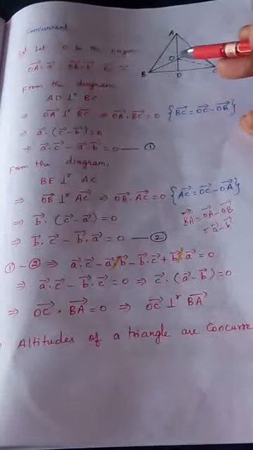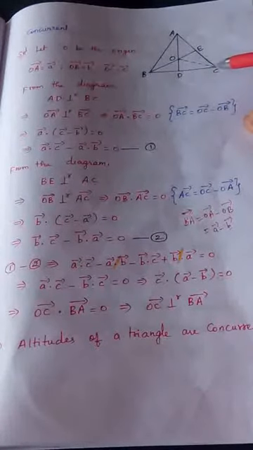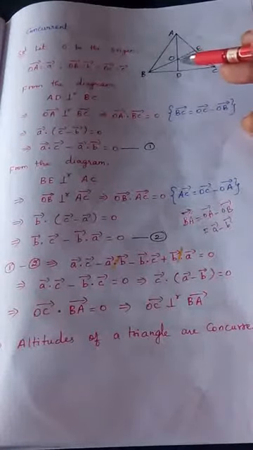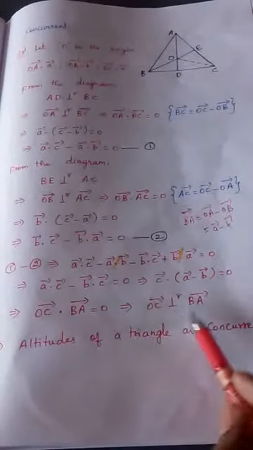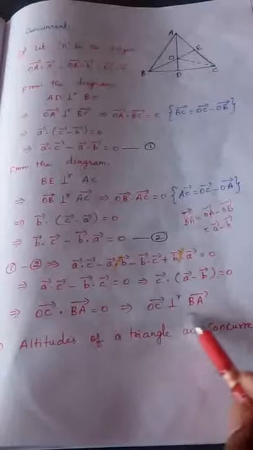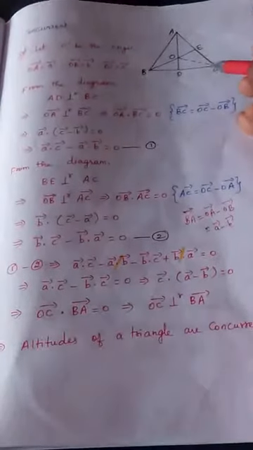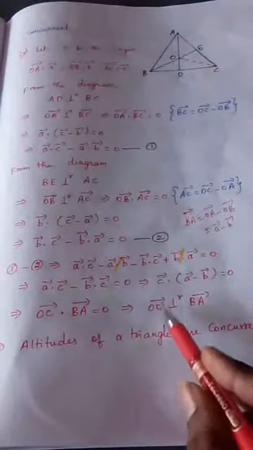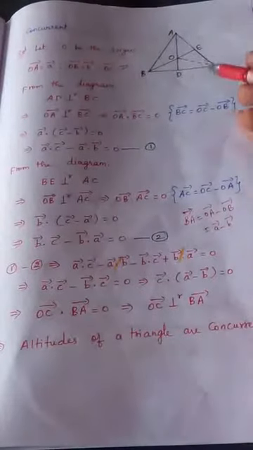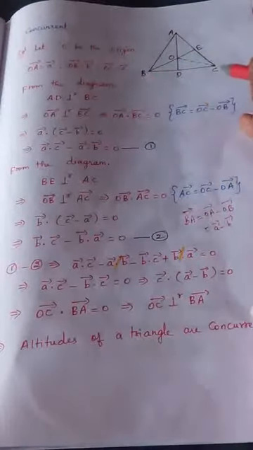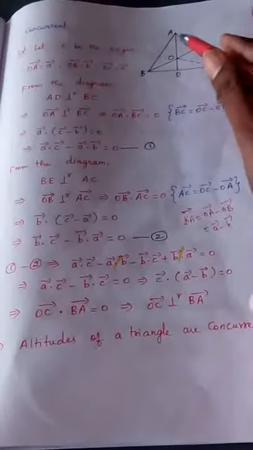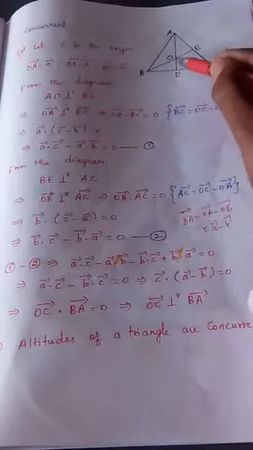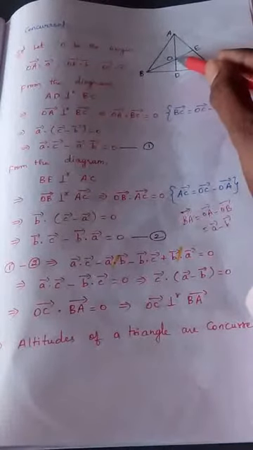CO is nothing but the altitude. So the altitude drawn from C also passes through the point O. From this statement, I can say that the line drawn from C passes through O, and it is also perpendicular to this side. So what is the name of this line? Altitude, or otherwise perpendicular. Therefore, all the three perpendiculars pass through the same point O.